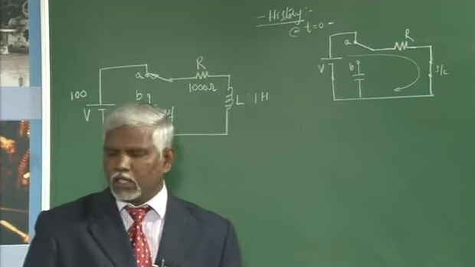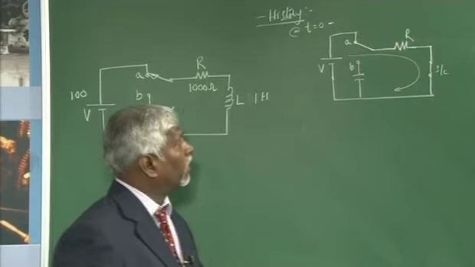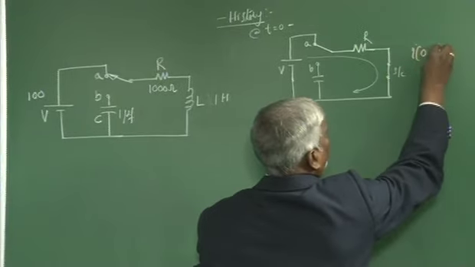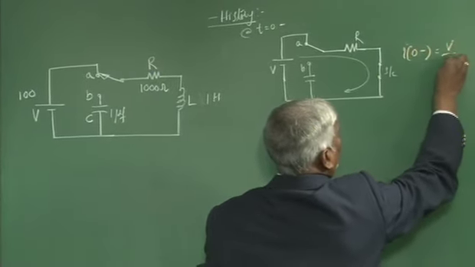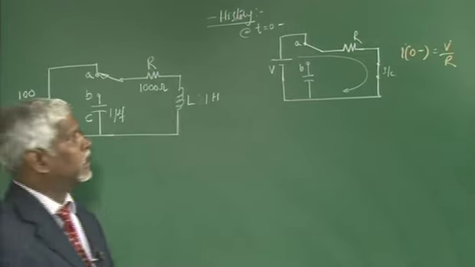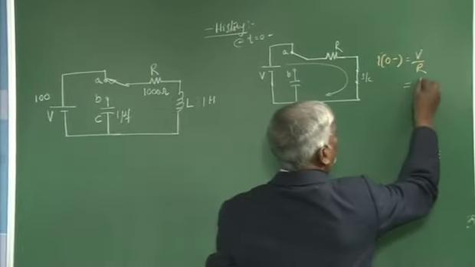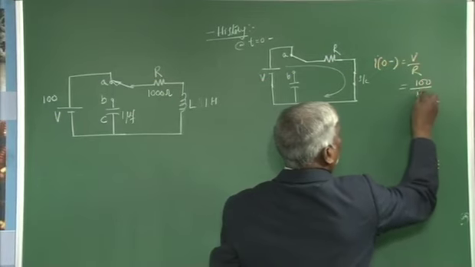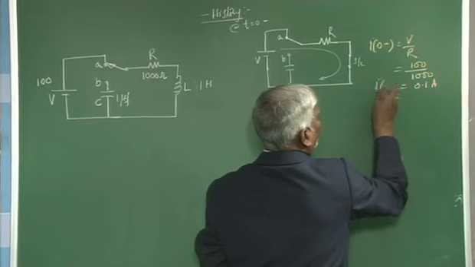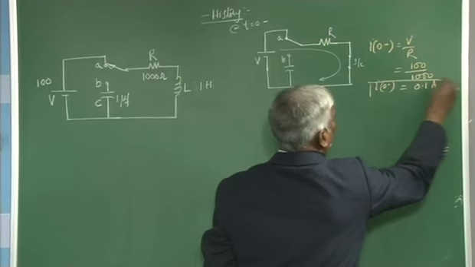Now, what will be the current at 0 minus? Current at 0 minus will be V by R. V by R is 100 divided by 1000, which is 0.1 amperes, so i at 0 minus is 0.1 amperes.